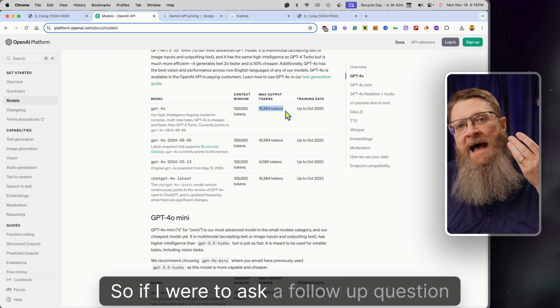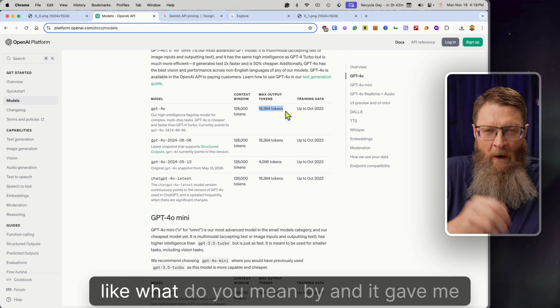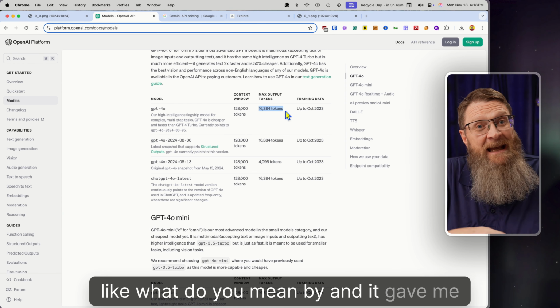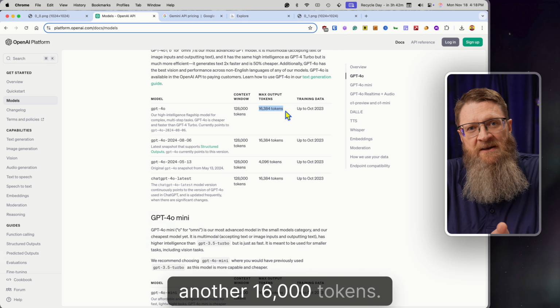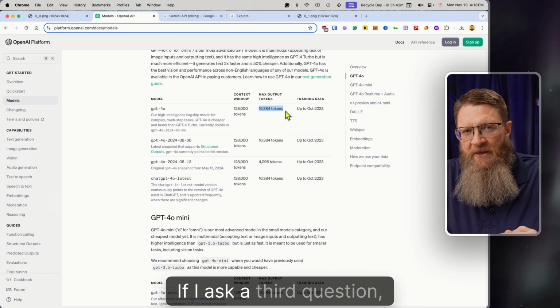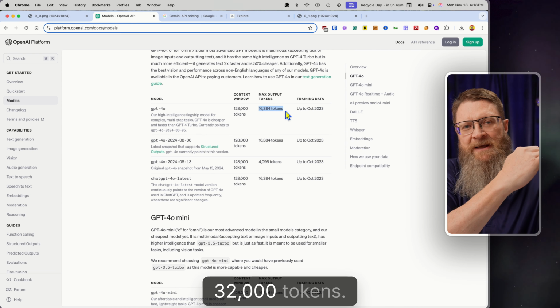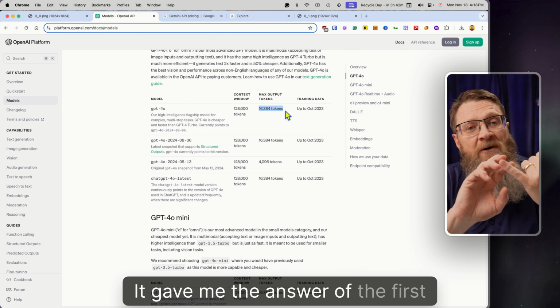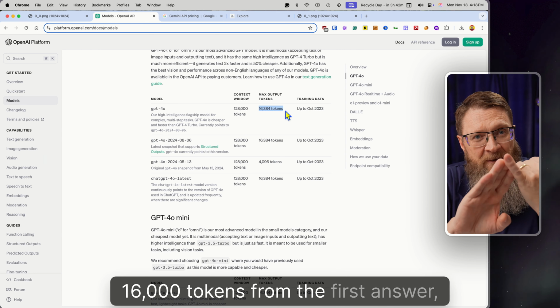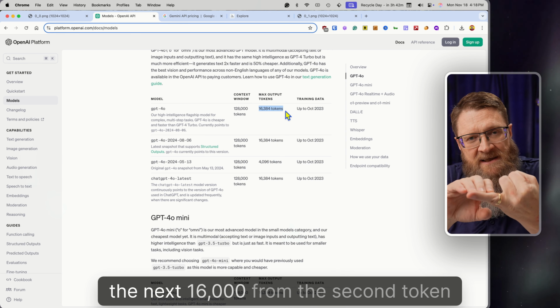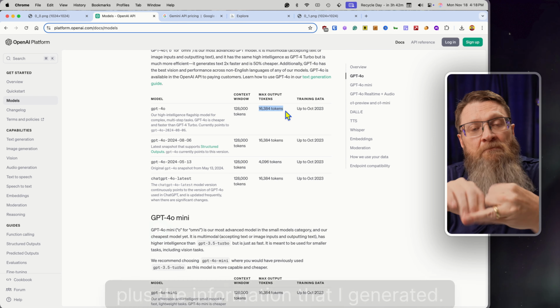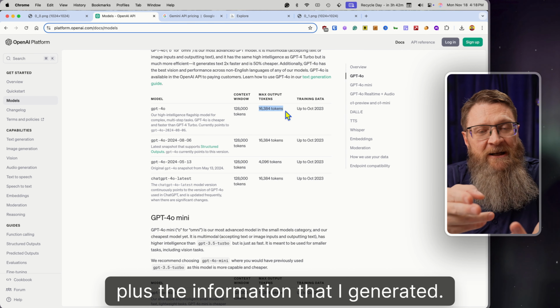So if I were to ask a follow-up question like, what do you mean by, and it gave me another 16,000 tokens, if I ask a third question, the context window is already up to 32,000 tokens. It gave me the first 16,000 tokens from the first answer, the next 16,000 from the second, plus the information that I generated.